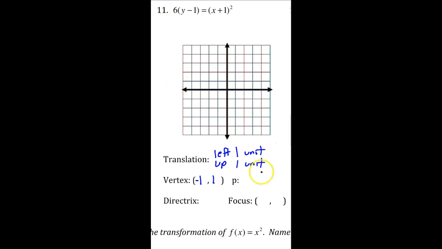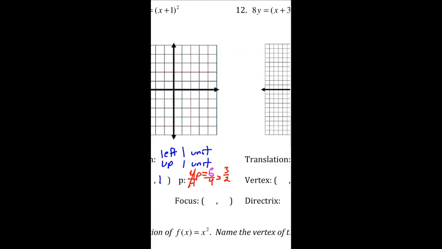Our p-value will be 4p equal to the LLR, 6. So if you divide both sides by 4 here, we get 6/4, which equals 3/2, which for graphing purposes is like 1.5, 1.5, up and down.